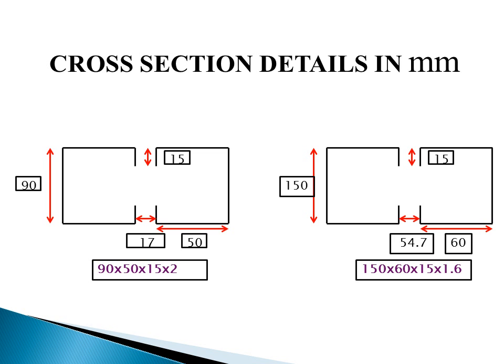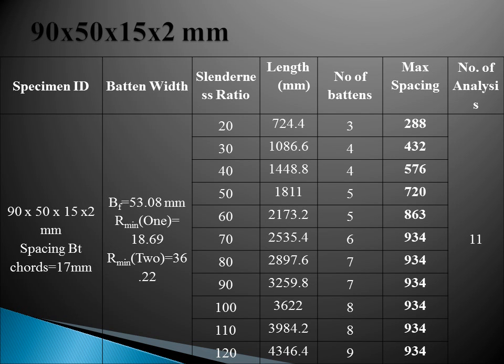Parametric study. For the parametric study, I have selected two different cross sections. First one is the 90 cross section and next one is the 150 cross section. For the 90 cross section, I have analyzed slenderness ratios ranging from 20 to 120 and the batten width is 53.08 mm.